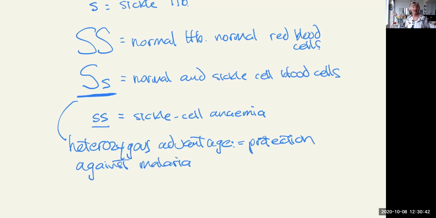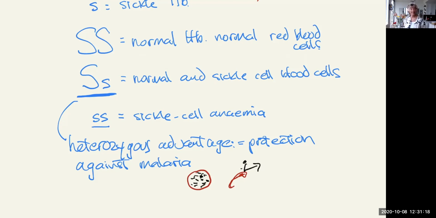This is a disease that happens mostly in Africa, where there are mosquitoes that carry a protist, a plasmodium, that affects the cells. So it's protection against malaria because these protists that infect cells, they easily infect the large red blood cells, but they really can't affect the sickle cells.